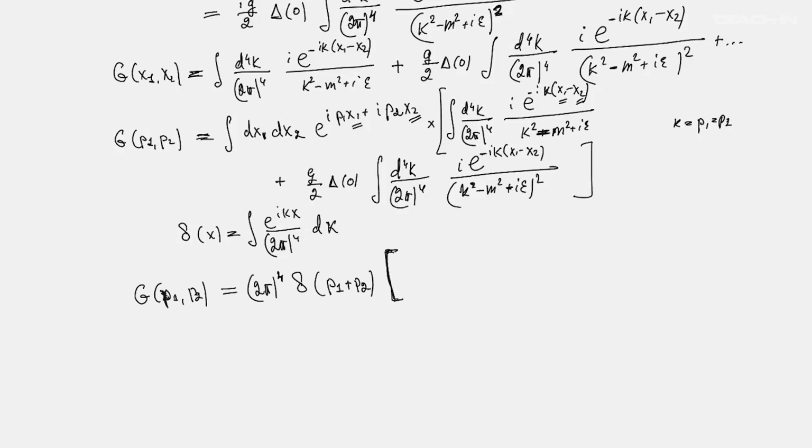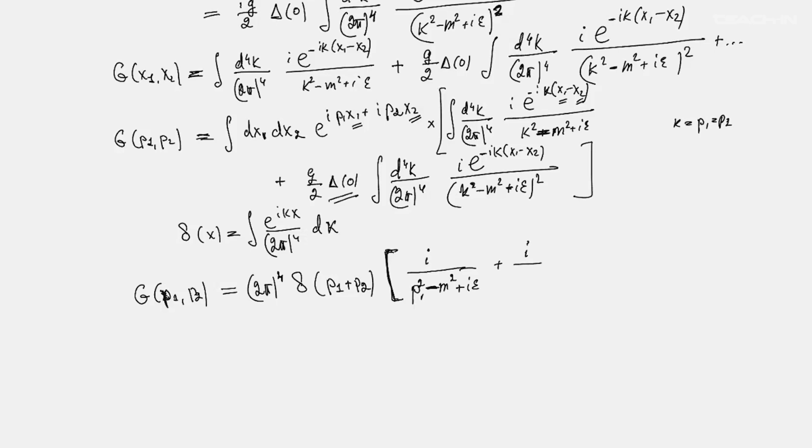So first, there is a Feynman propagator at leading order, i divided by p1 squared minus m squared plus i epsilon. And at the next order, there will be the square of the propagator with a coefficient determined by delta of 0, which I write as i divided by p1 squared minus m squared plus i epsilon.